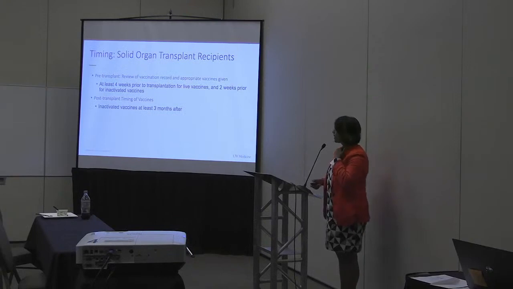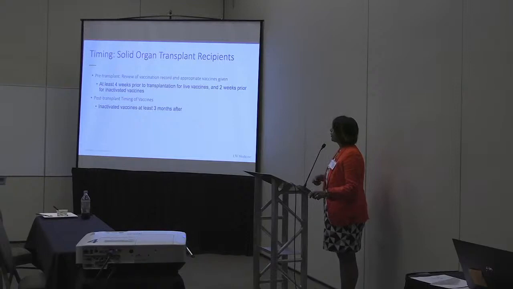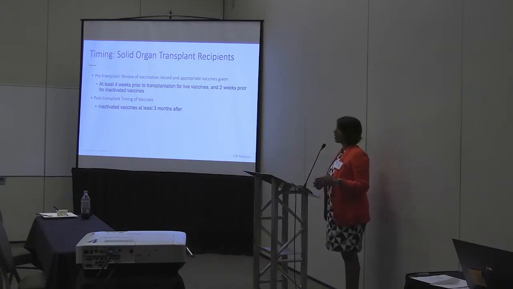In solid organ transplant recipients, the guidelines are for everybody to review their vaccination status and make sure they're appropriately covered. At least 4 weeks prior to transplantation for live vaccines, so that there's no concern for disease related to the live vaccine.